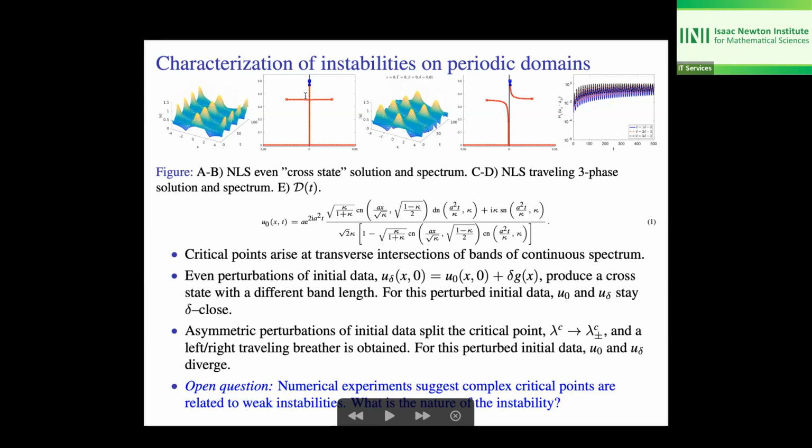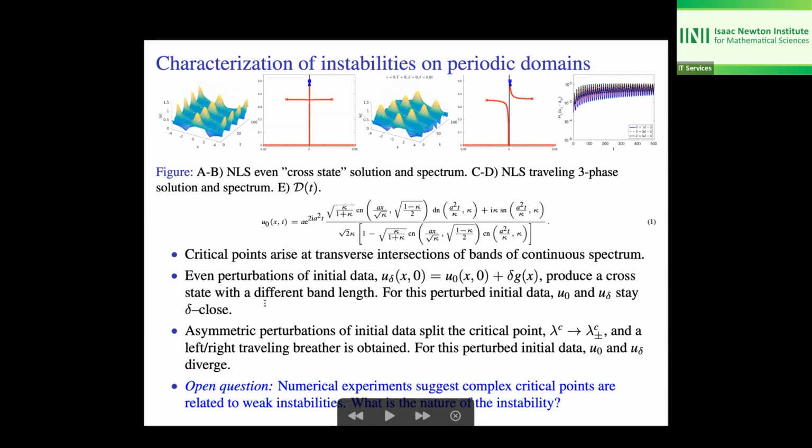There's a critical point in the spectrum where the two bands intersect transversely, and you find that if you take small even perturbations of this data, all that you're going to do is produce a cross state with a different band length. And for this perturbed initial data, U naught and U delta will stay delta close as time evolves.